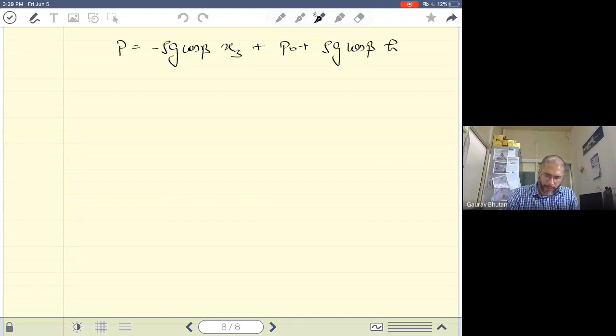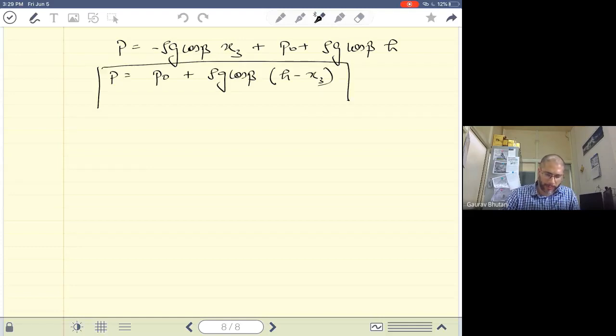So we can combine the terms of rho g cos beta. So we have P equal to P naught plus rho g cos beta times h minus x3. So that's the expression for pressure.